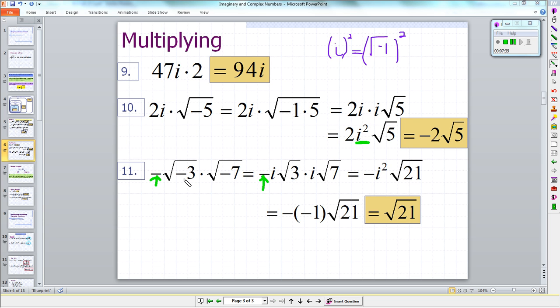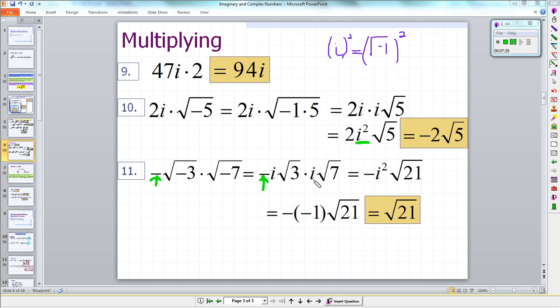Now the square root of -3, we can write as the product of the square root of -1 times 3. The square root of -1 is i, so we can write the square root of -3 as i times the square root of 3. And the square root of -7 we can write as i square root of 7.